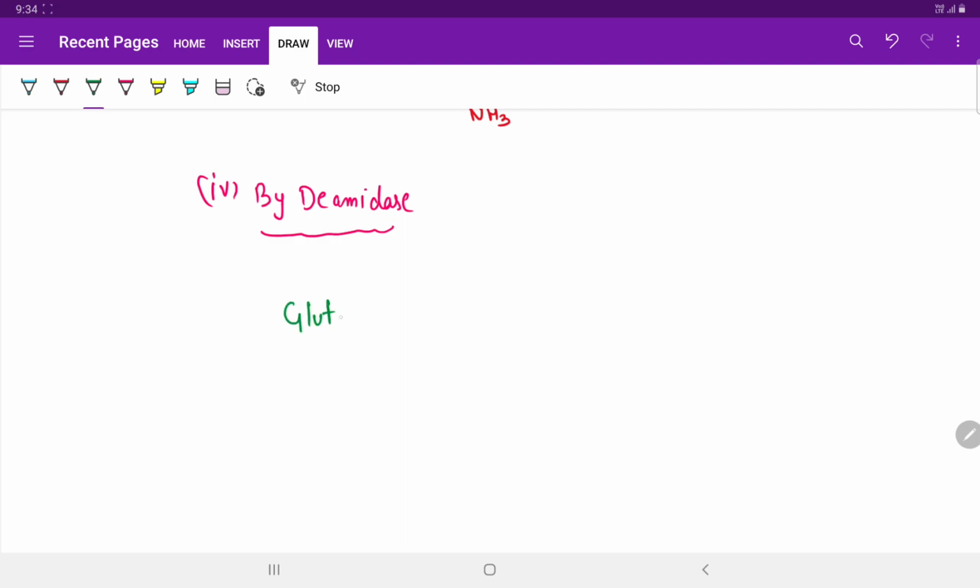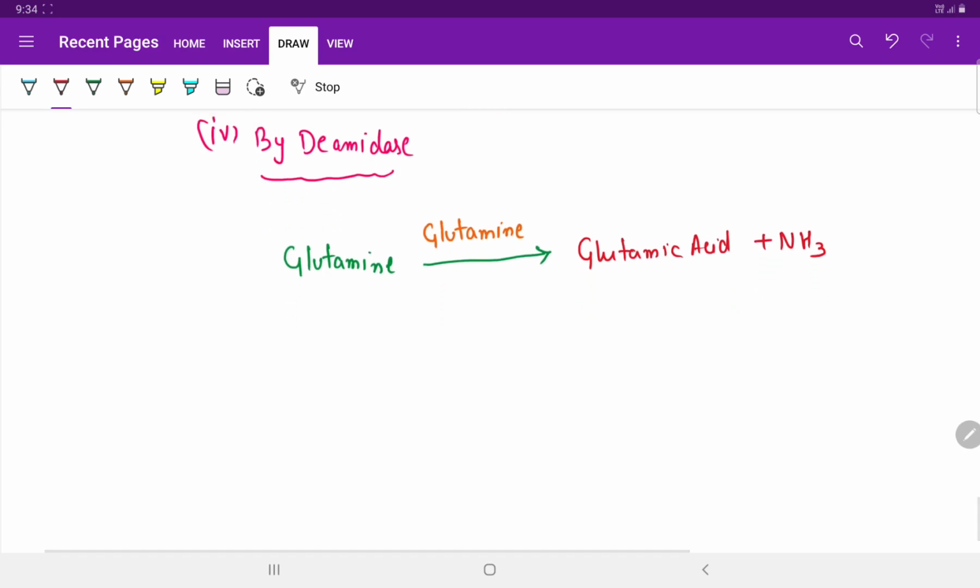You all know the structures of these amino acids, so this is an exercise for you so that you can draw the structures by yourself. Glutamine is converted to glutamic acid and ammonia is removed. Keep in mind that glutamine is having two NH2 groups. Only the terminal amino group will be removed out.